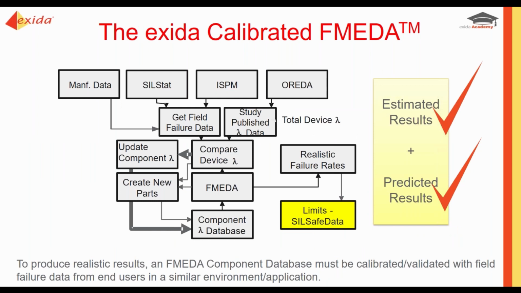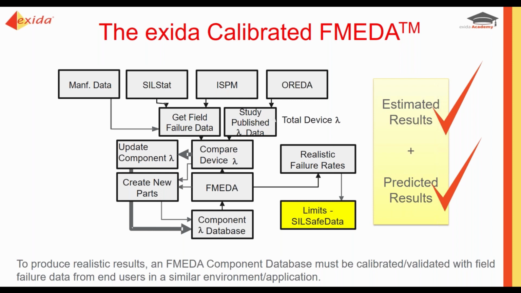When we do an FMEDA, we always, every single time, compare estimated results to predictive results. So if there is historical data from a project, we will compare that to the FMEDA results. And always, I call it my sanity check. Make sure we're in the same ballpark.